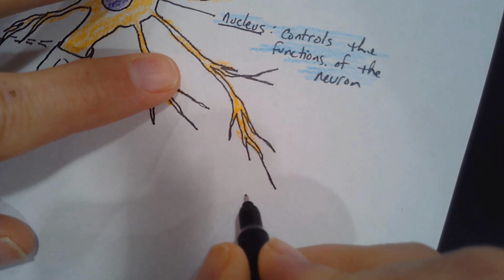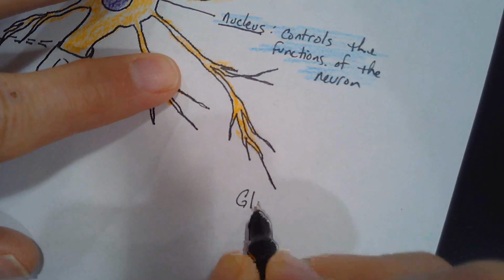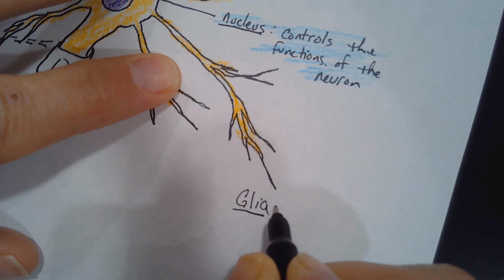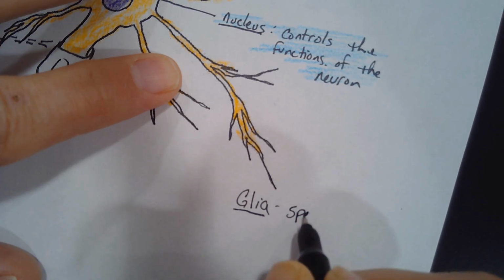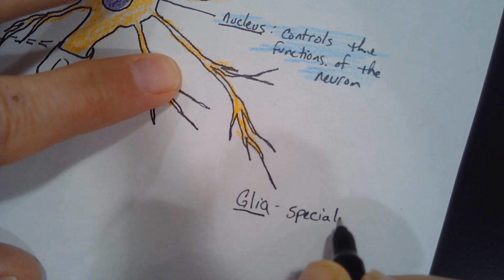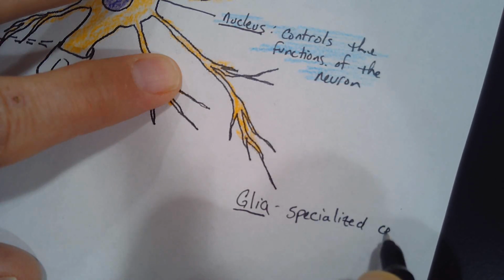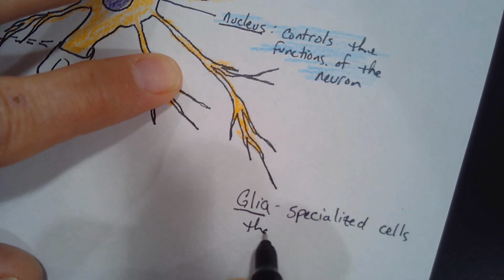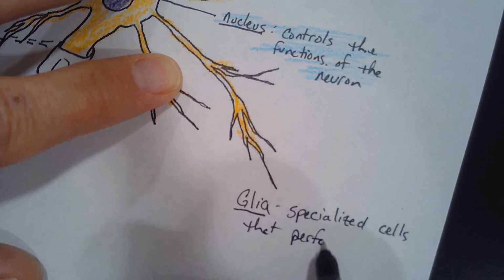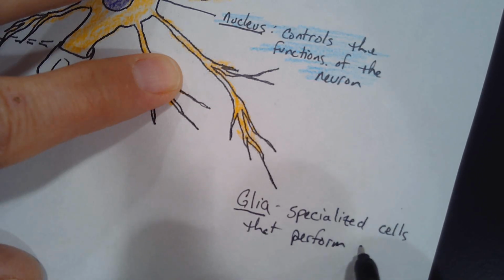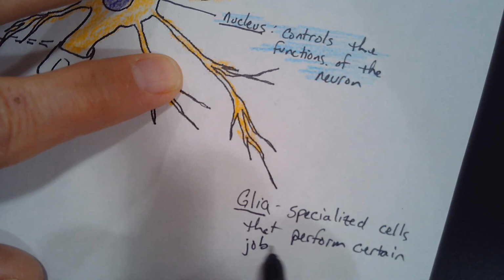So there's these things called glia, G-L-I-A, glia. Now these are specialized cells that perform certain jobs. Let's just say jobs, okay?